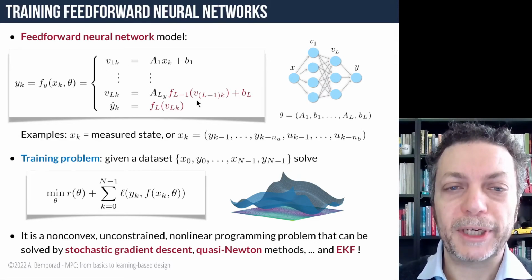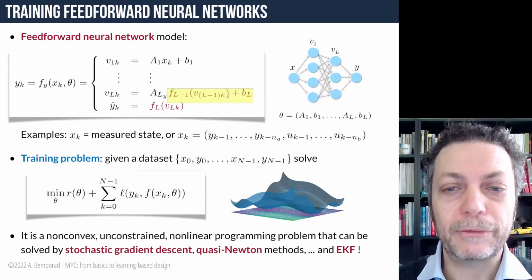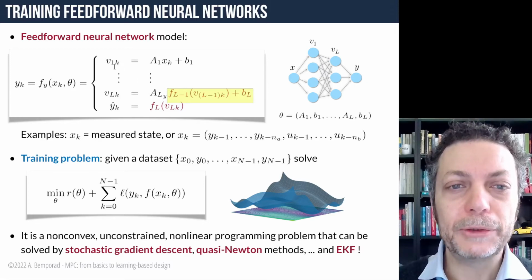Each layer is propagated by an affine function, so you have a set of weights multiplying the values of the inputs to that layer plus a constant term. These are training parameters. And then it's followed by an activation function. You take this linear combination and then pass it through a nonlinear function, called an activation function. And then you generate the value for the next layer.